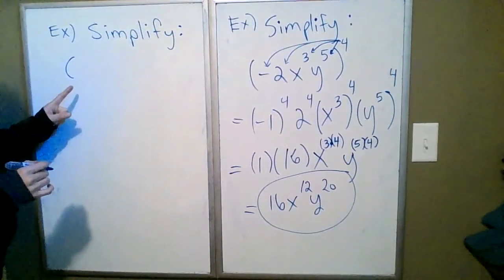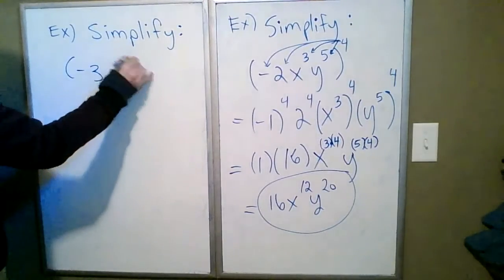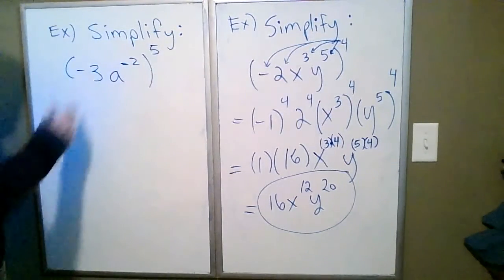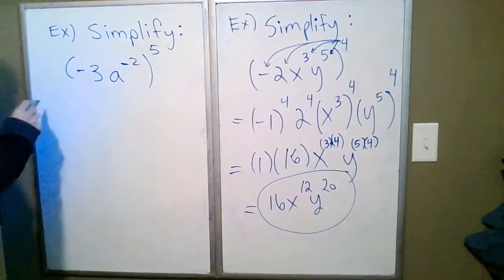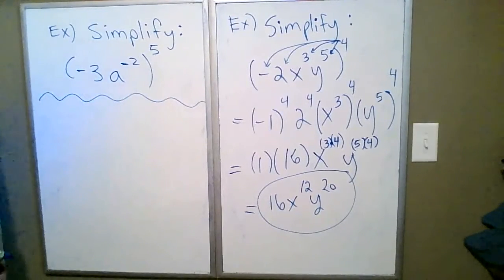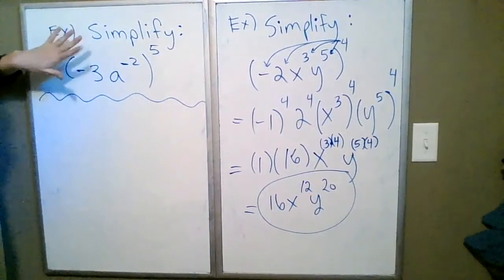We have -3, a to the -2, and it all has a power of 5. When you see instructions that say solve, there's probably an equal sign.